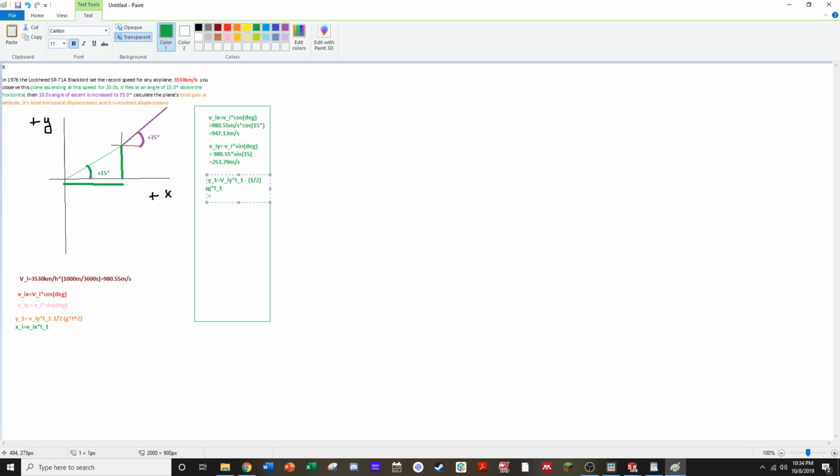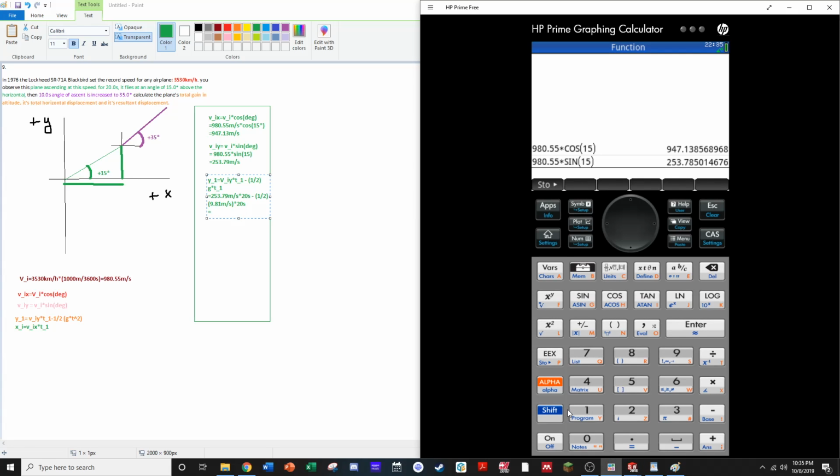So that's going to equal 253.79 meters per second times our time of 20 seconds, don't forget your units, minus 1/2 our constant of gravity, which is 9.81 meters per second squared, times 20 seconds squared.